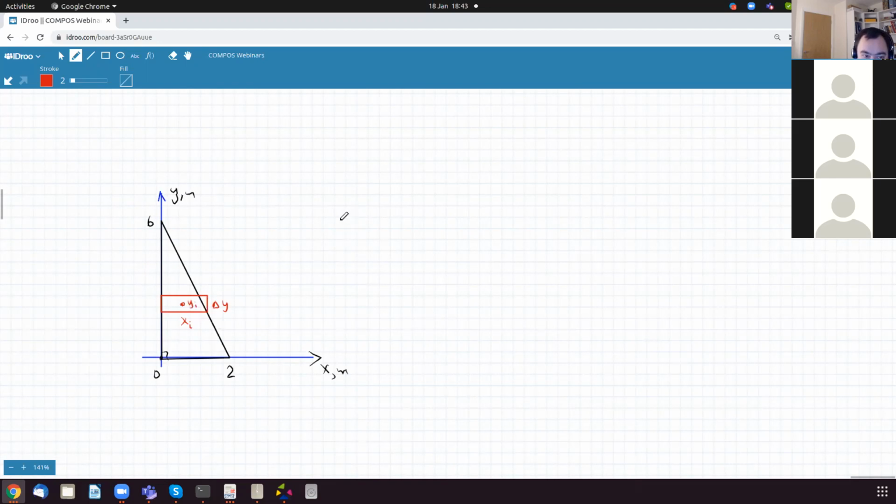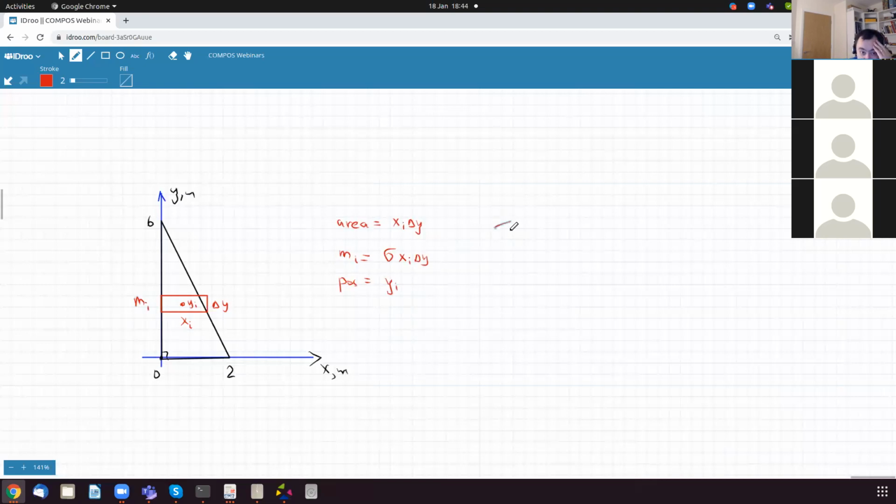So the area is equal to xi delta y. Then we say the mass, mi, the mass of this bit, is equal to sigma xi delta y, and the position is yi.